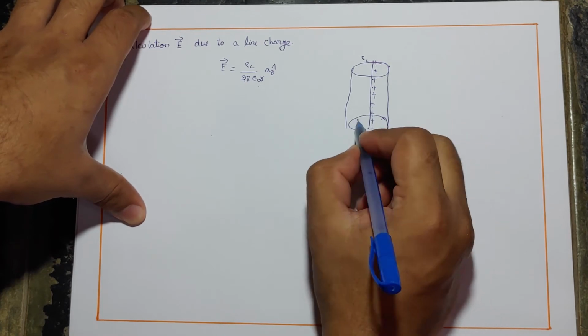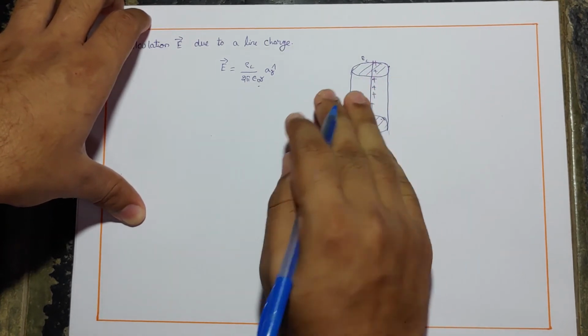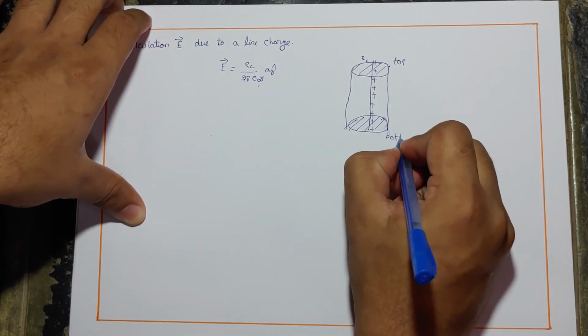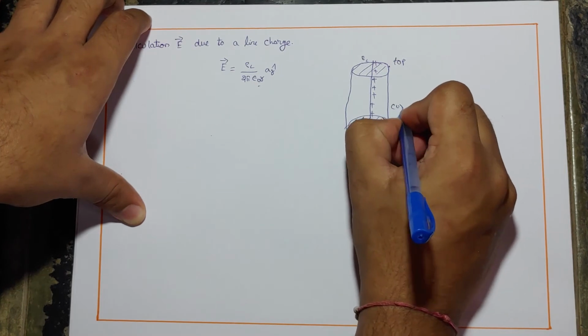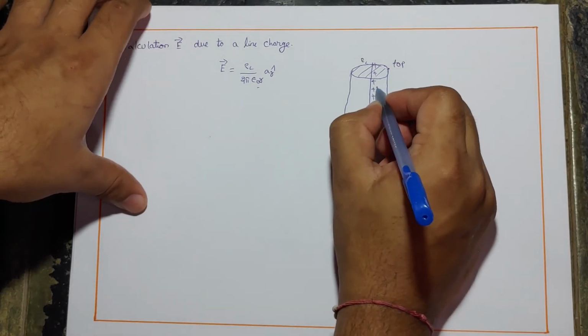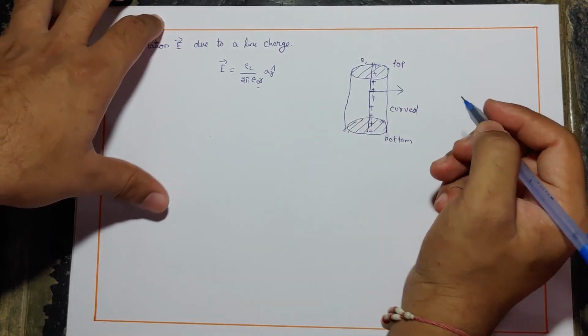Here we have three regions, that is bottom, top and this curved surface. We know that electric field direction of this line charge would be in this direction.